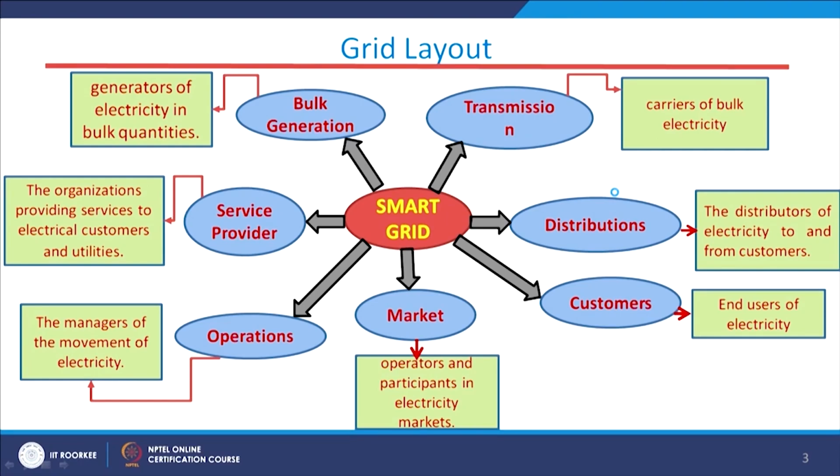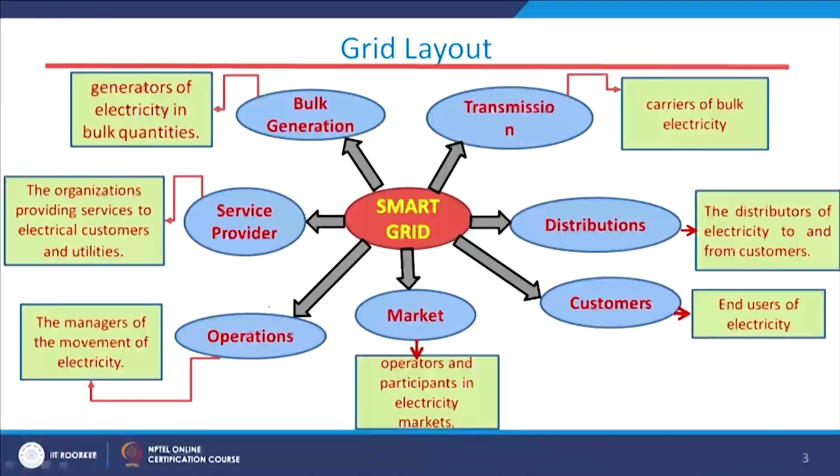If you could see here the markets, already we have discussed in the first part that generation, transmission, distribution and customers are the very important parts. Along with this, we have the market, operations and service provider.